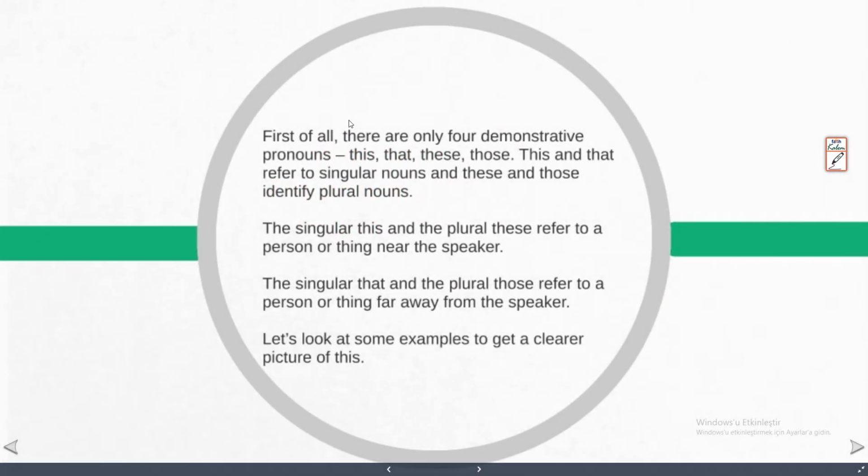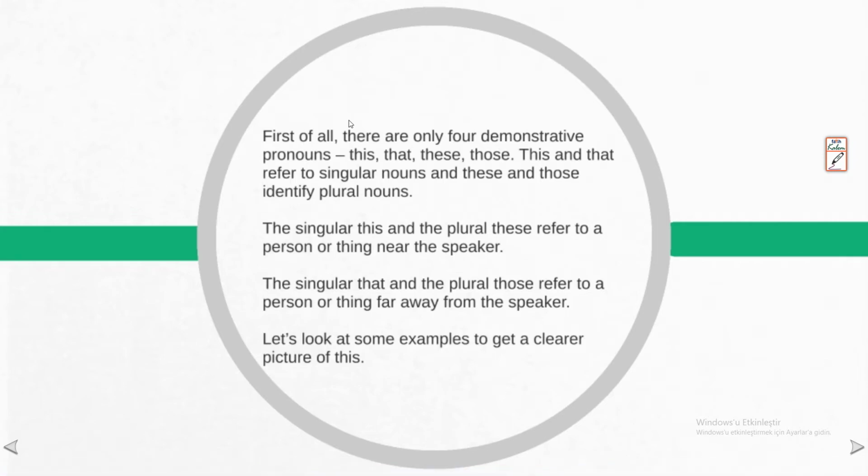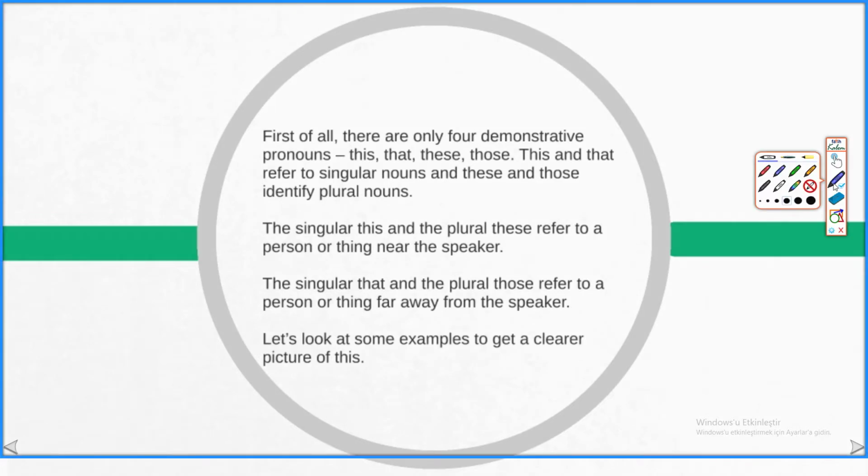First of all, there are only 4 demonstrative pronouns, and they are this, that, these, those. This and that refer to singular nouns, and these and those identify plural nouns. Okay.